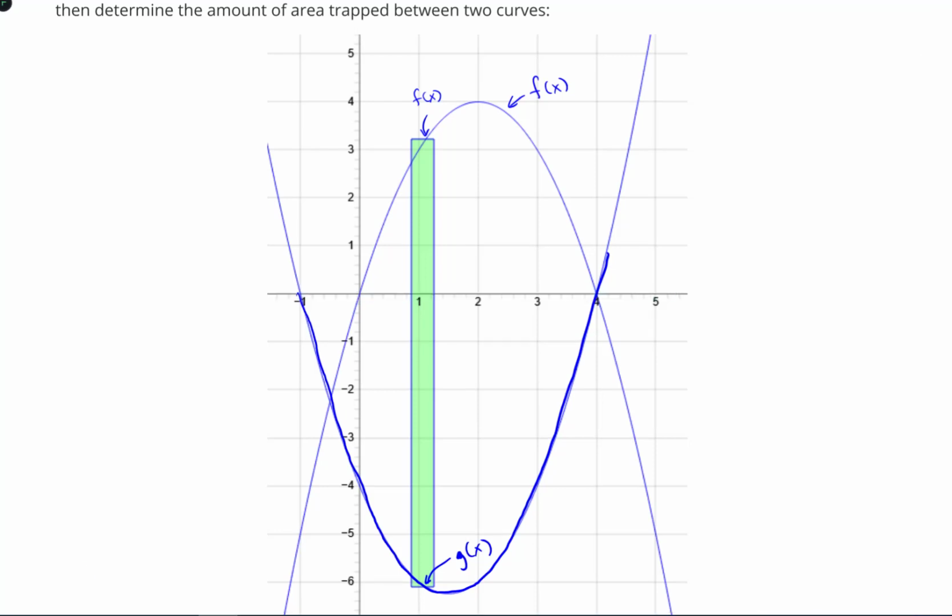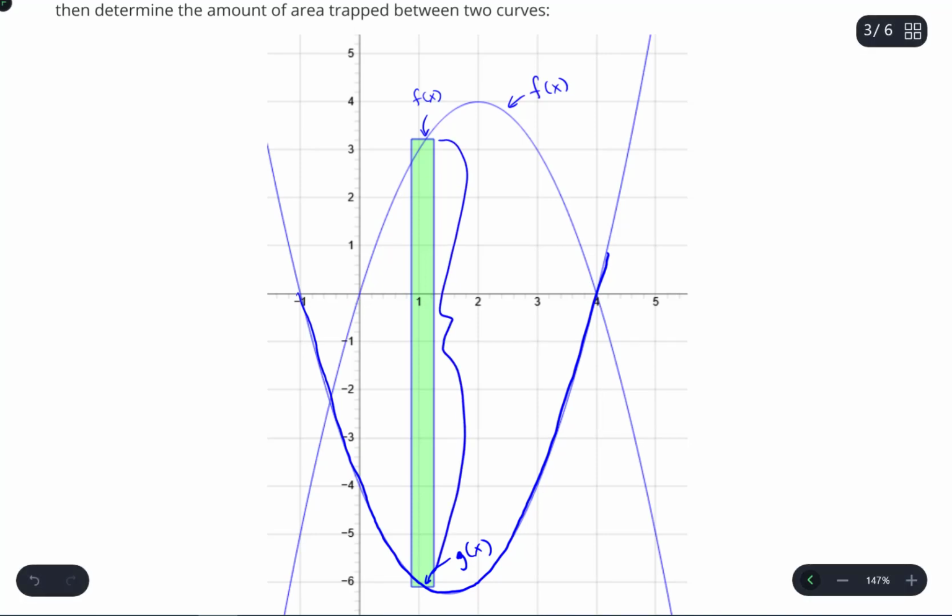All we're interested in doing is figuring out the total vertical distance between the top and the bottom of the approximating rectangle. That's a vertical distance, and we can find that through subtraction. We just need to take f of x minus g of x.